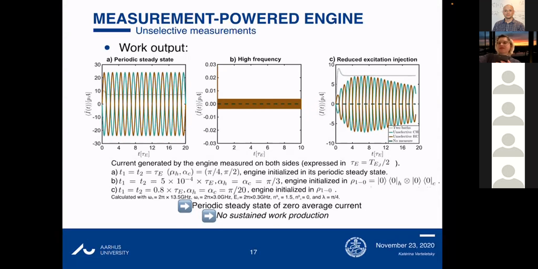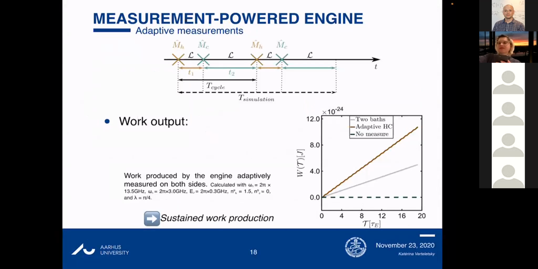So we modified our protocol, and we tried to think of something that would allow us to have a positive work production. So we decided to do an adaptive measurement scheme. For the hot side, we would measure in the qubit basis, and if the result was excited, we would leave the system alone, and if it was de-excited, we would measure it with the same projective measurement scheme as before.